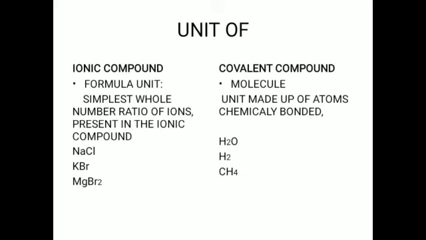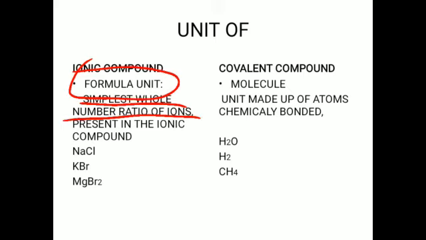When I compare the unit structures of ionic compounds and covalent compounds, the unit of ionic compounds is the formula unit, which is the simplest whole number ratio of ions present in the ionic compound.